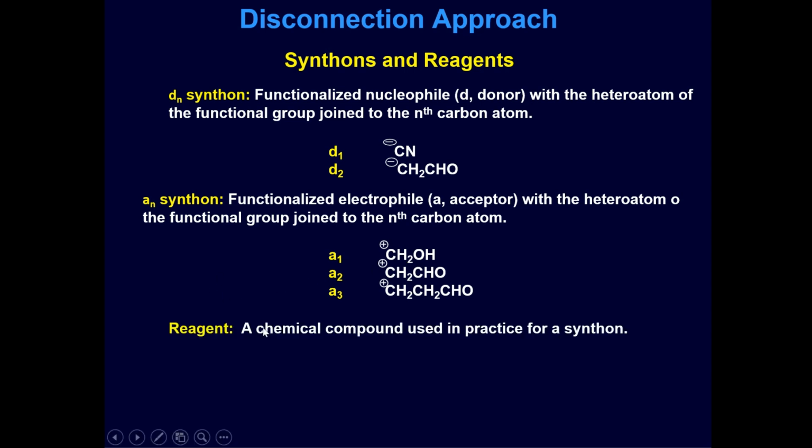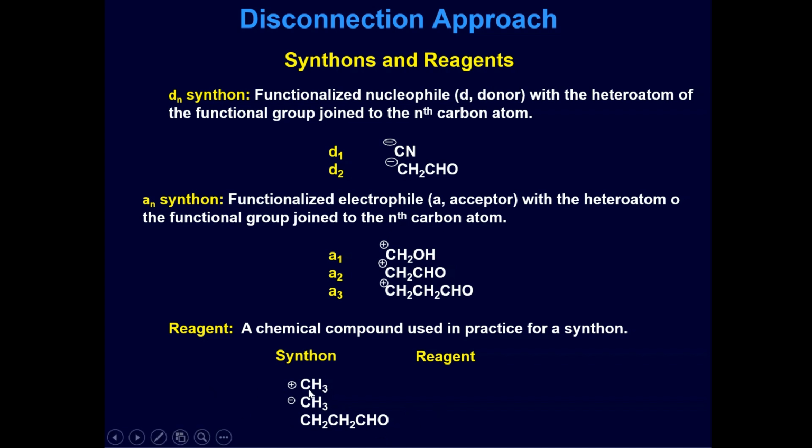A reagent is a chemical compound which we use to get functionalized synthons. To get various synthons, we can use different reagents. If I need CH3 plus, which reagent can I use?